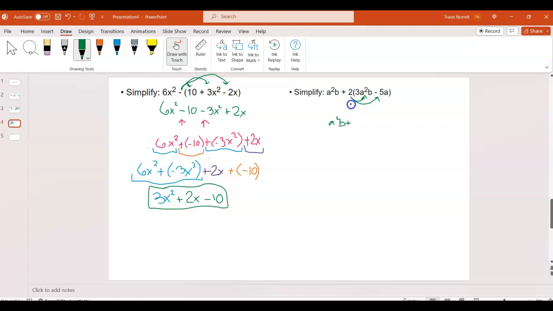plus 2 times 3 would give me 6 a squared b. Two times negative 5a would give me negative 10a.